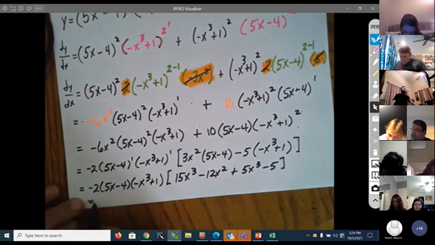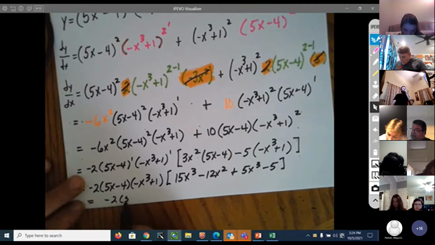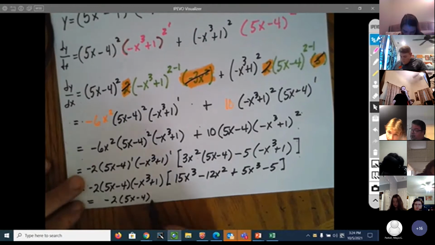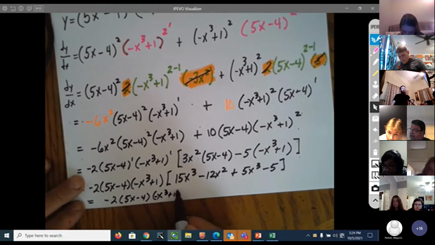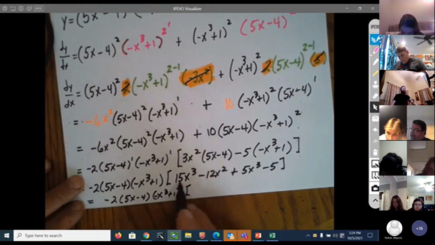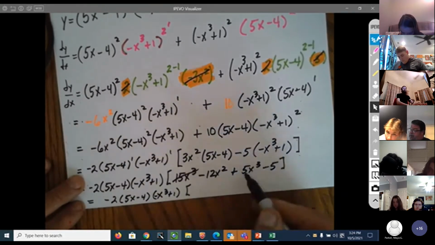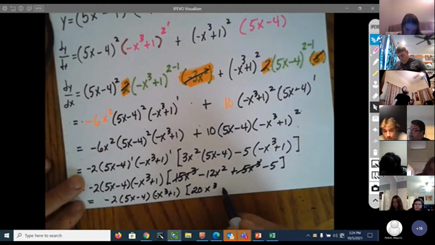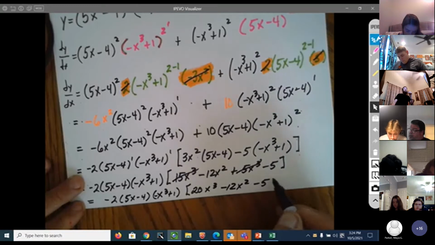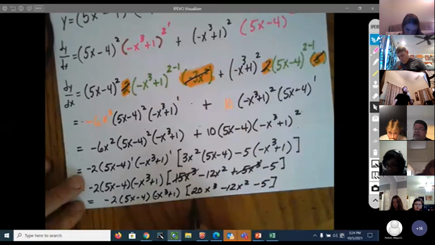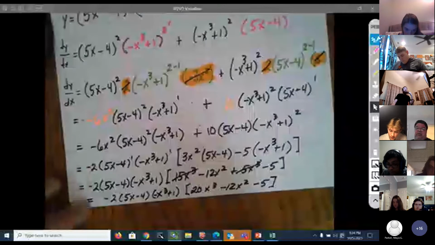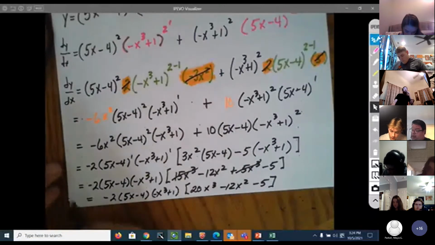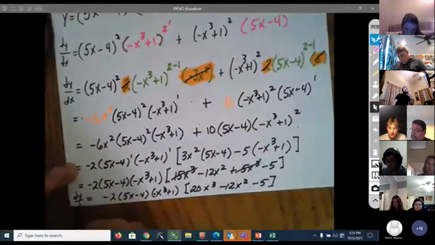And that's going to give us negative 2, (5x - 4), (-x^3 + 1), times 15 plus 5 is 20x cubed minus 12x squared minus 5. And I'm sorry, since that's positive, I'm not going to mess with it. So that's going to be dy over dx.